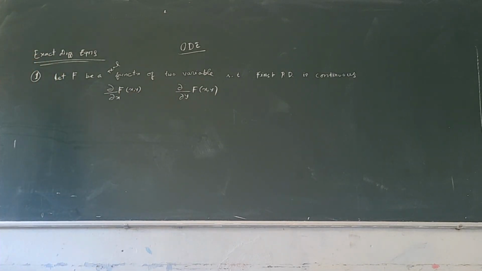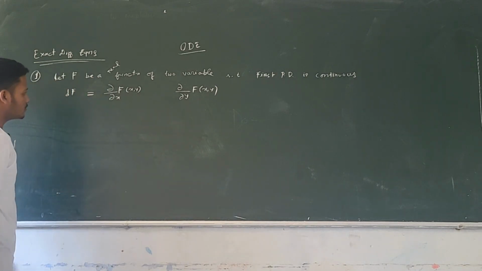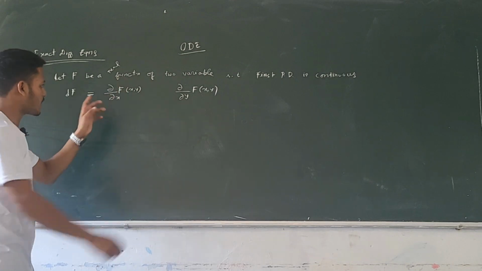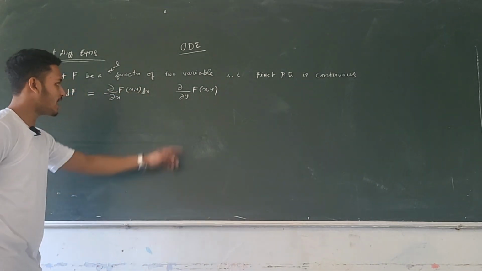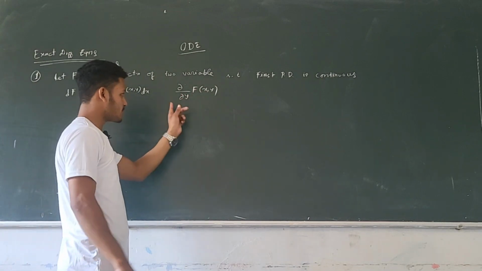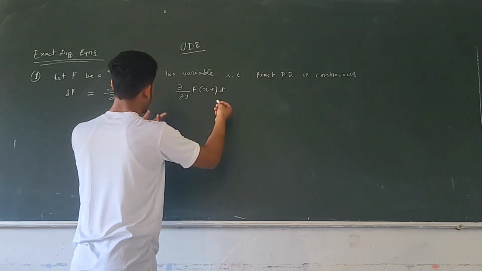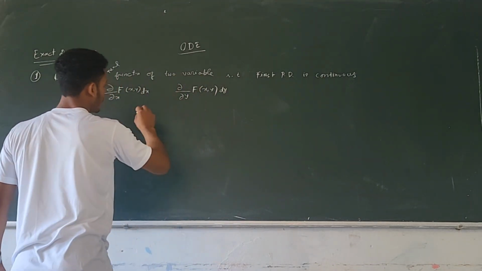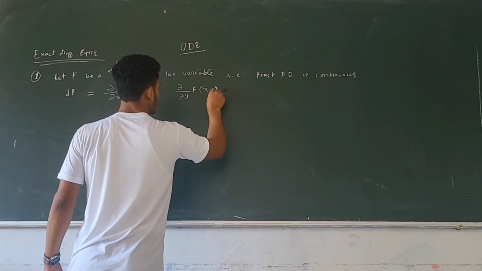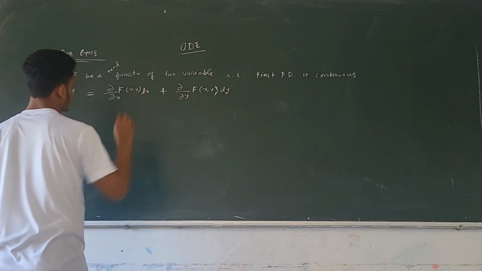So what is total derivative? Total derivative is denoted as small d capital F, and it is equal to the partial derivative with respect to x of this function f of x, y, multiplied by dx, plus the partial derivative with respect to y, multiplied by dy.